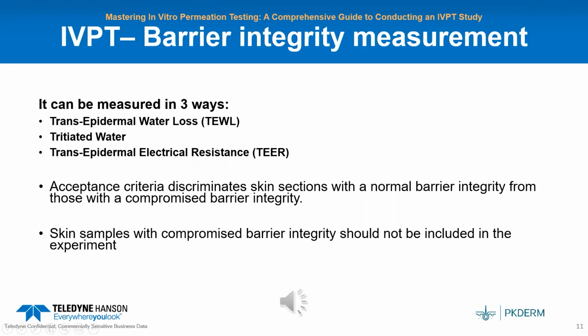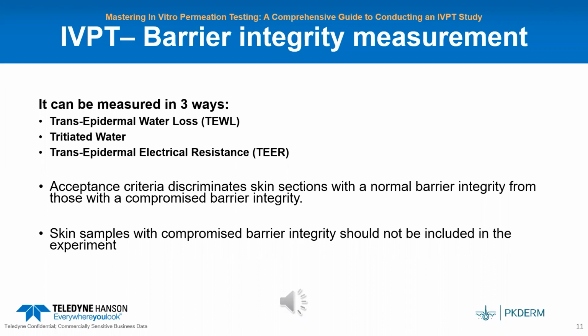Transepidermal water loss, or TWL, is a quality indicator of skin barrier integrity. So, when performing an IVPT, we need to check the barrier integrity for each skin sample. At PKDERM, we use a Tewameter system to measure the TWL.